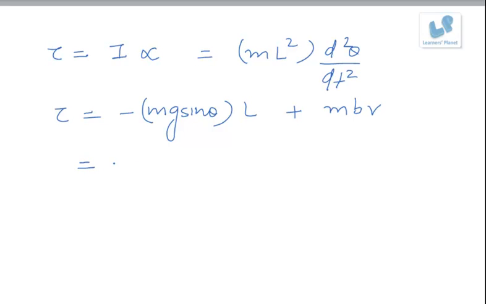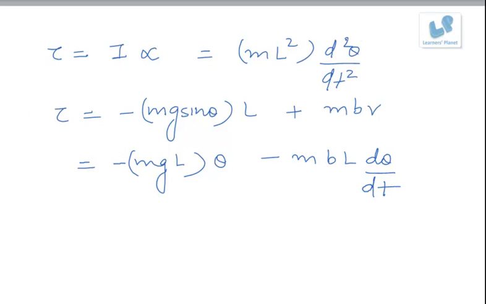Now this can be written as minus mg. If we assume that the value of theta is very small, then sin theta can be written as theta. So this expression will become minus mgL theta, and if we substitute the value of v as minus L d theta by dt, then we will have minus mbL d theta by dt.